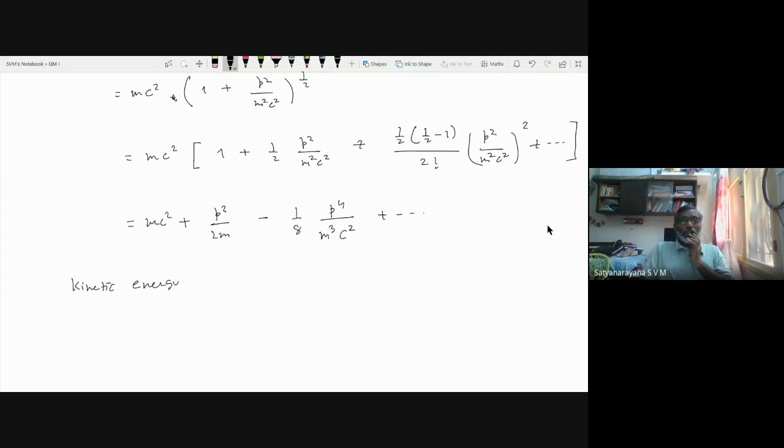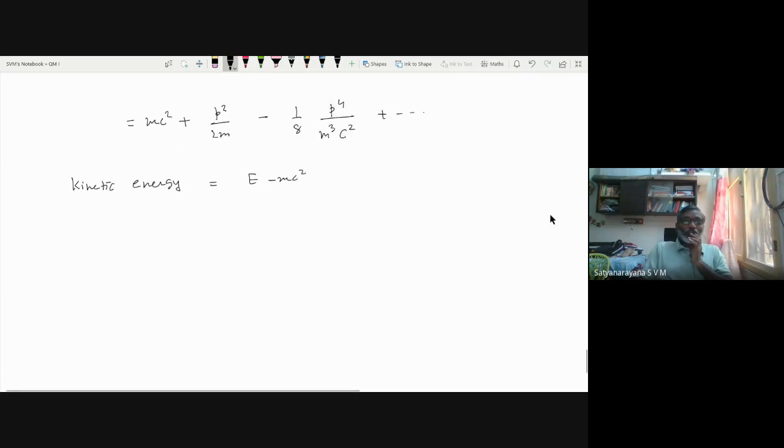Now what is the kinetic energy? Kinetic energy is equal to E minus mc square, E minus the rest mass energy. So E minus mc square is equal to P square by 2m. This is the non-relativistic limit. And the correction is P to the power 4 divided by 8m cube c square. This is the correction.